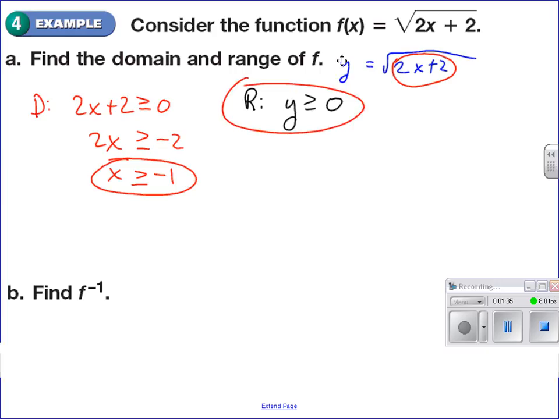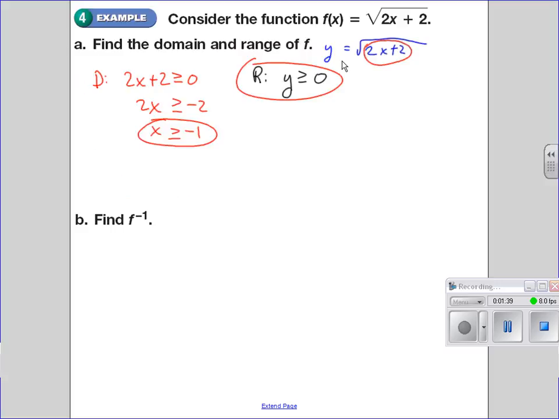So now for the inverse, let's go ahead and find that algebraically. I know you could do a picture, so let's plot this out real quick over here. If x is negative 1, y is 0, and if x is 1, y is 2, and this is my basic picture, a little half parabola going right there.